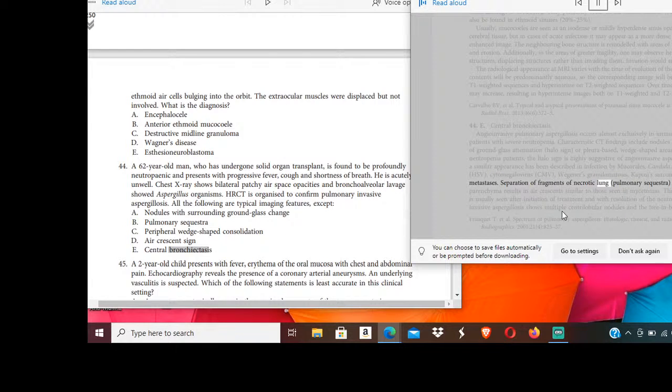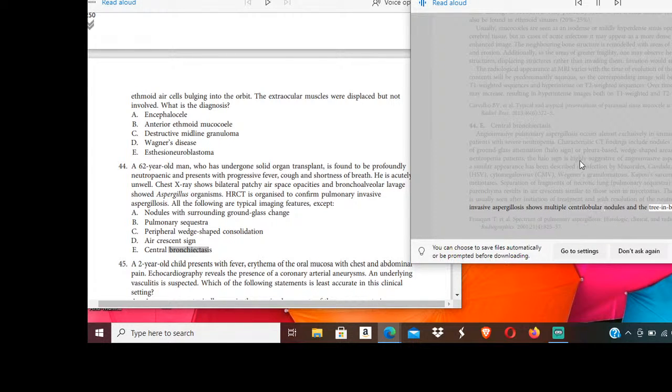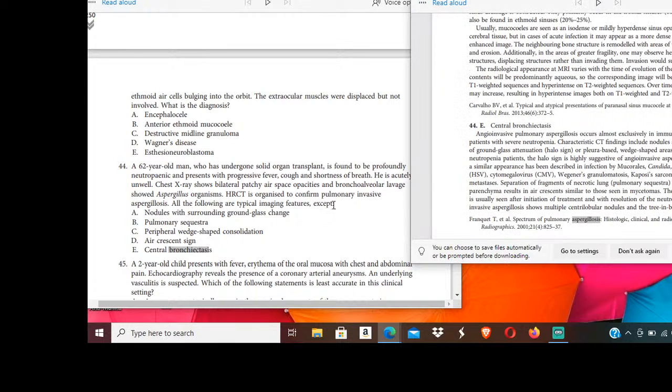Separation of fragments of necrotic lung, pulmonary sequestra, from adjacent parenchyma results in air crescent similar to those seen in mycetomas. The air crescent sign is usually seen after initiation of treatment and with resolution of the neutropenia. Airway invasive aspergillosis shows multiple centrilobular nodules and the tree and bud pattern. Franquet T, et al. Spectrum of pulmonary aspergillosis.